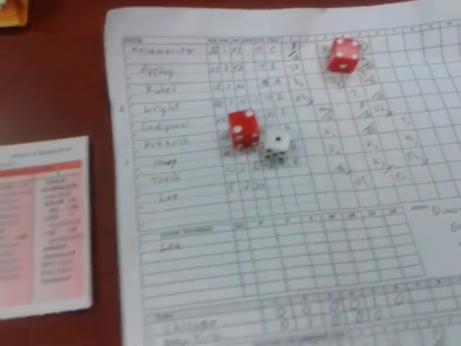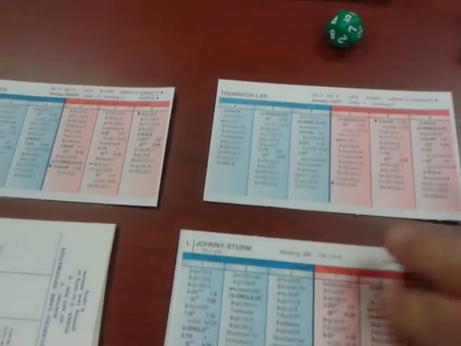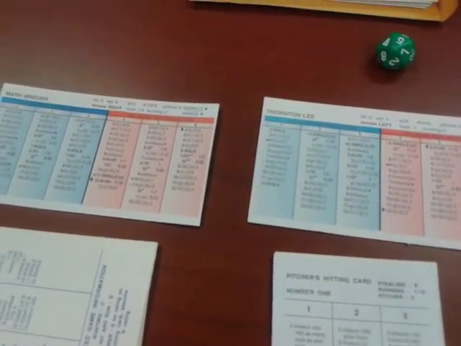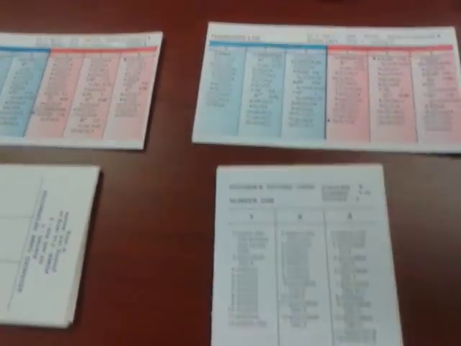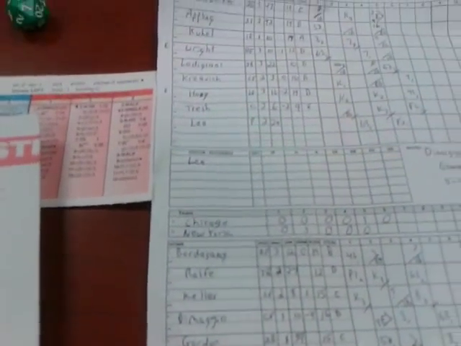And that'll bring up the number 8 hitter, Johnny Sturm, first baseman. Sturm, a 1-6 against a lefty. 1-6 is a fly ball to center field. 1 away. Brings up Brewer. Now, he could bunt. He's a bunting C, so with the infield looking for that, that'll change him to a bunting D. So we'll do a bunting D here on the advanced chart.